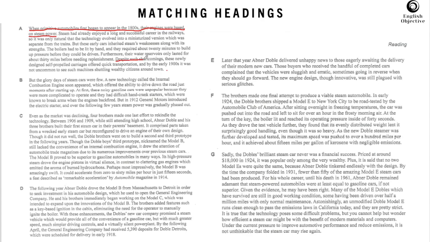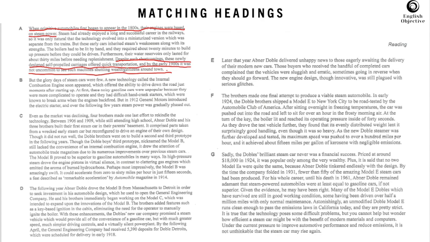Despite such shortcomings, these newly designed self-propelled carriages offered quick transportation, and by the early 1900s, it was not uncommon to see such machines shuttling wealthy citizens around town. Okay.